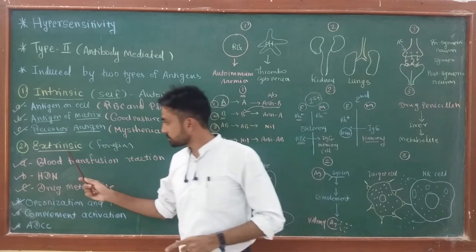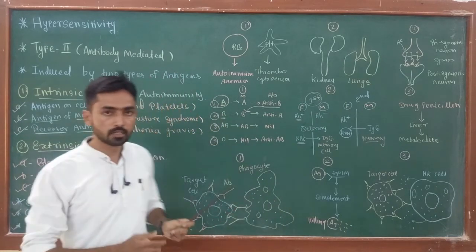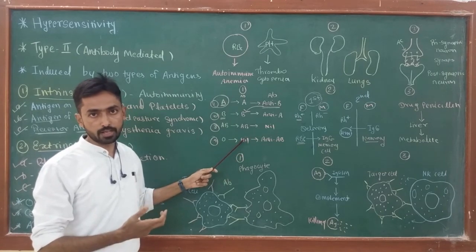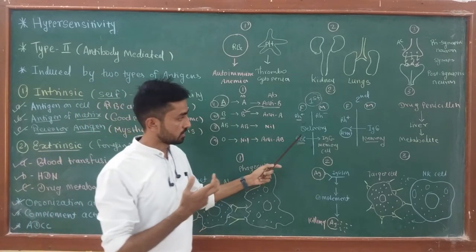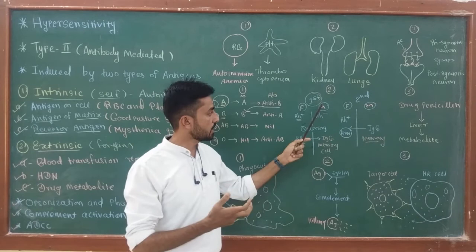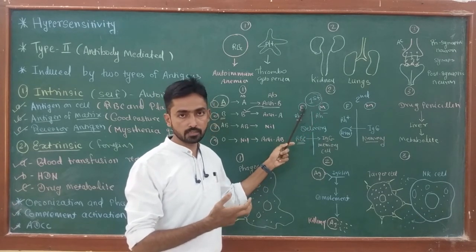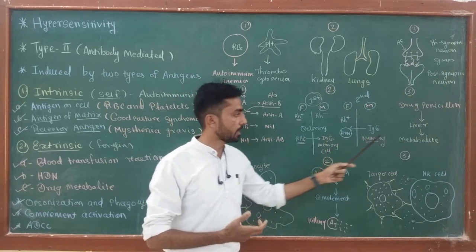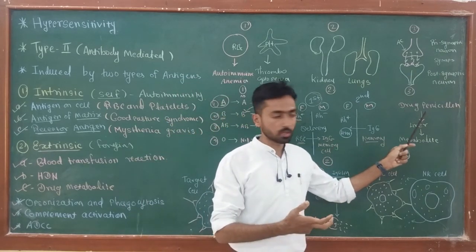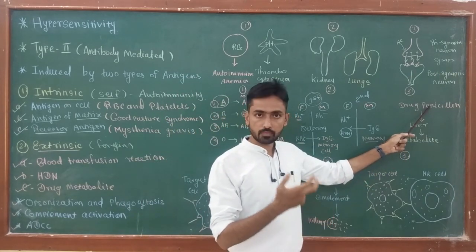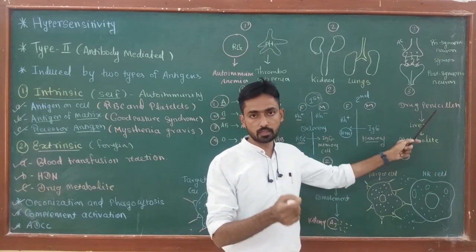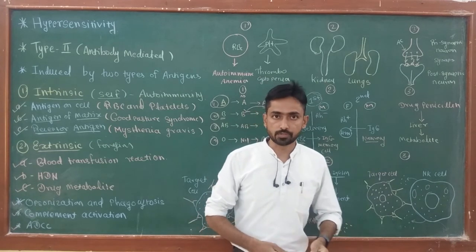Then extrinsic or foreign antigens: blood group antigen, causing wrong blood transfusion reaction. Then the condition which occurs if the mother is Rh negative and the fetus is Rh positive is called hemolytic disease of the newborn. And the condition which occurs due to a drug like penicillin, when metabolized, and this metabolite of the drug leads to type 2 hypersensitivity.